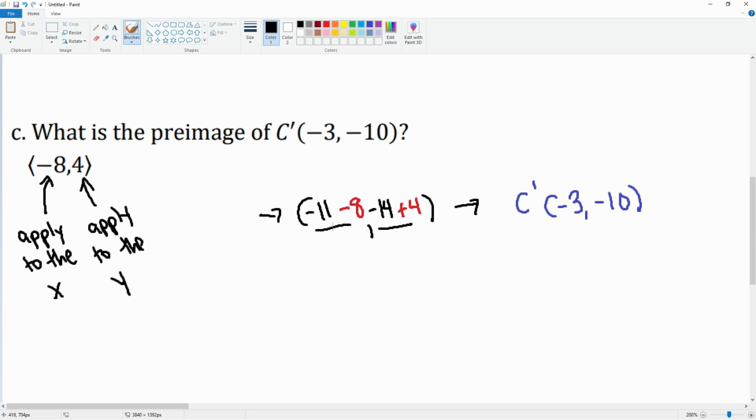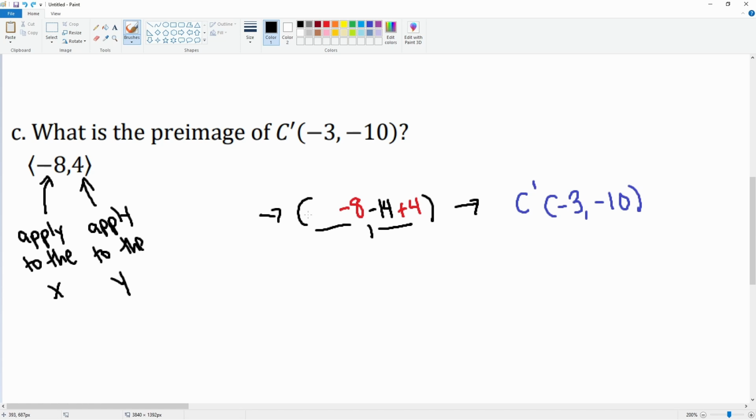Let's double check. -11 minus 8 does not get us -3. So let's do this again. A positive? No, the 8 would have to be larger.